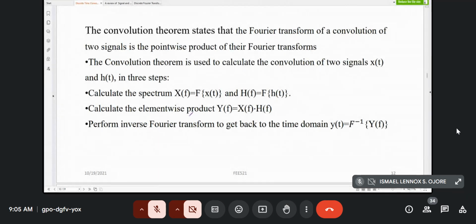Since we have new ways of doing Fourier transforms, the fast Fourier transforms, you apply the FFT and then do element-wise product, point-wise multiplication, which will be a much easier operation. So we calculate the spectrum, the Fourier transforms, and then do point-wise multiplication. And of course, since what you really want is a convolution, eventually you have to do the inverse Fourier transform.